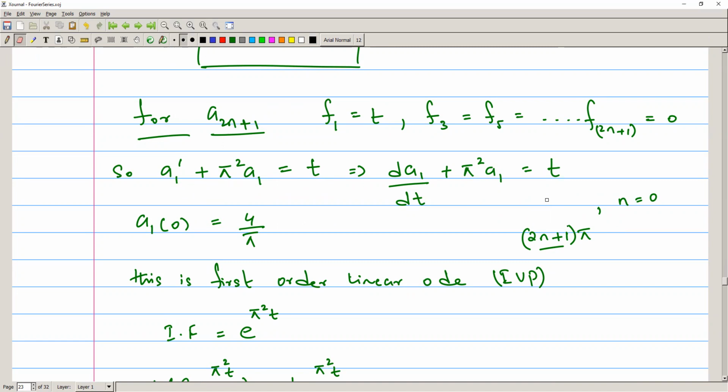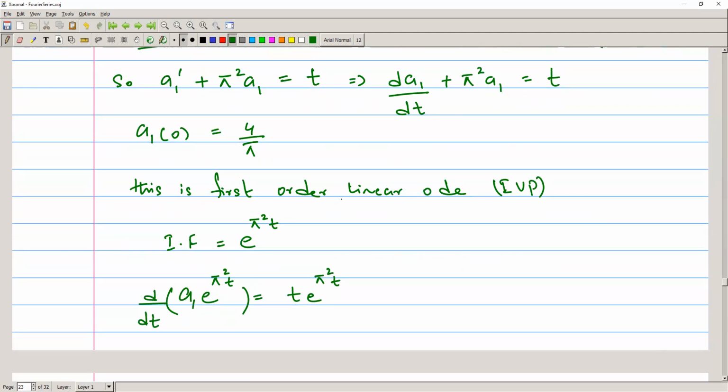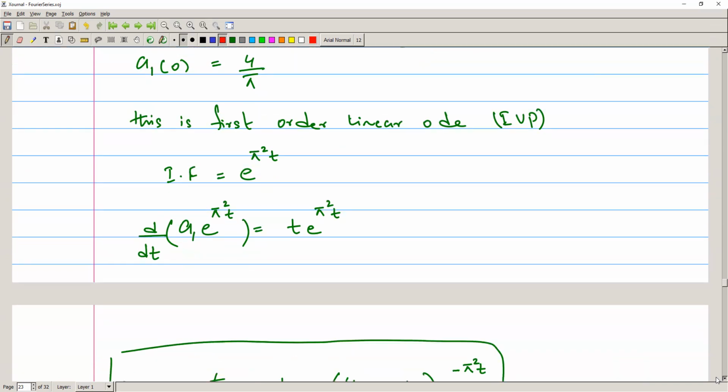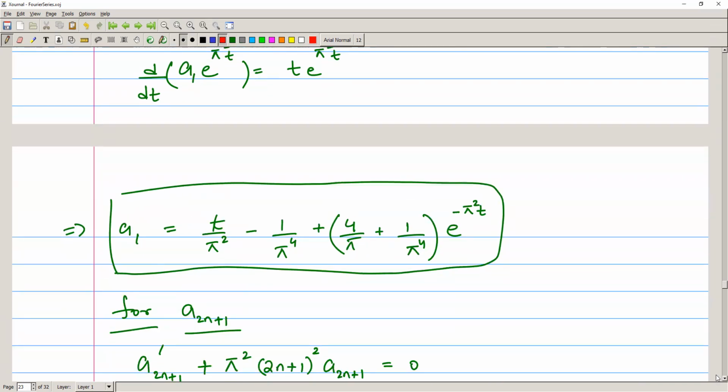We will solve this equation. We have the initial condition, we have the equation, we will solve the equation. This is a first order ODE. In fact, it's a linear first order ODE, so we are going to use the integrating factor to find the solution of this differential equation. And here you can see that the integrating factor is equal to e to the pi squared t. Then we multiply the equation by the integrating factor. Now this left hand side is exact, and we will solve here, right?